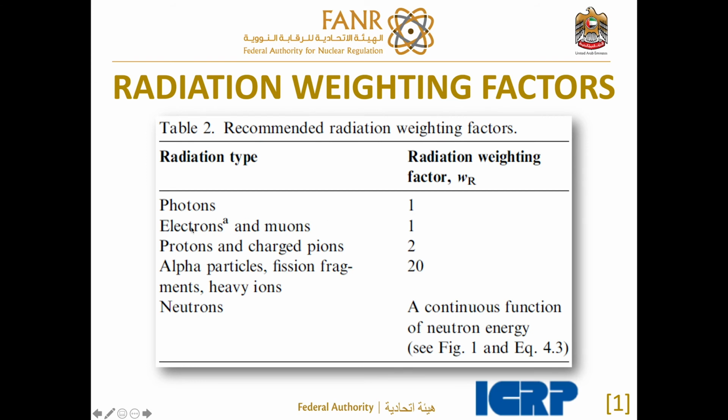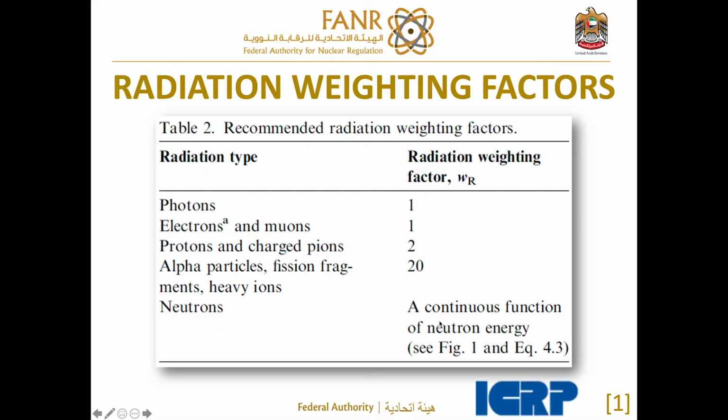For electrons and other particles, it is 1 as well. But for protons and also other particles, it is 2. For alpha particles, fission fragments, heavy ions, so those particles which create a lot of damage in their interaction, it is 20, which means much higher than the photons' 1 or the electrons' 1.